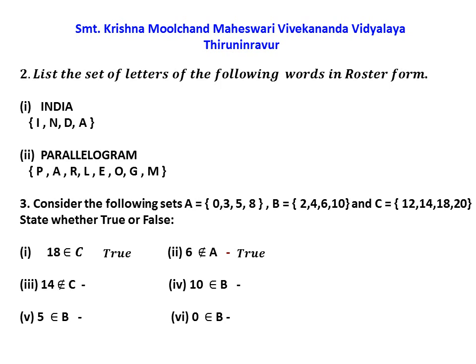So the given statement, 14 does not belong to C, is false. 10 belongs to B. Check B: 2, 4, 6, 10. 10 is there. 10 belongs to B, they said. Okay, this is true.